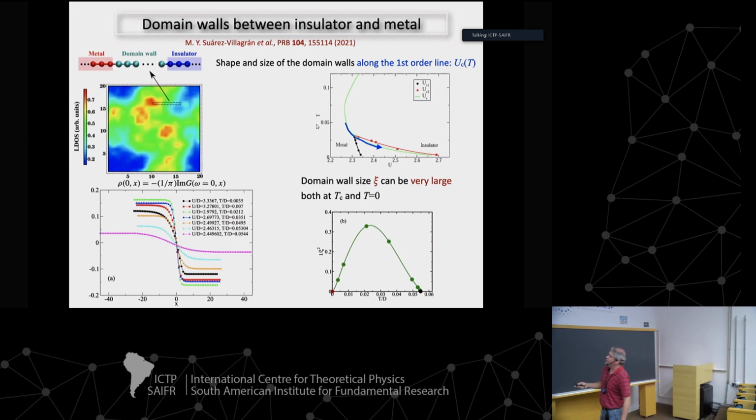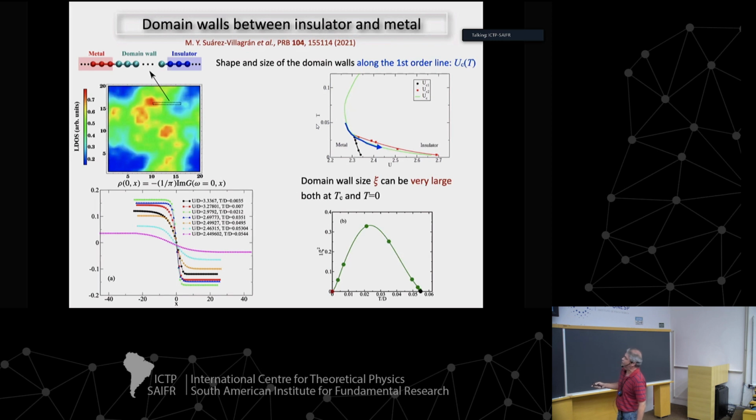So the first thing you should look at is the behavior of the width of the domain wall, as you go along this first order line, the green arrow over there.